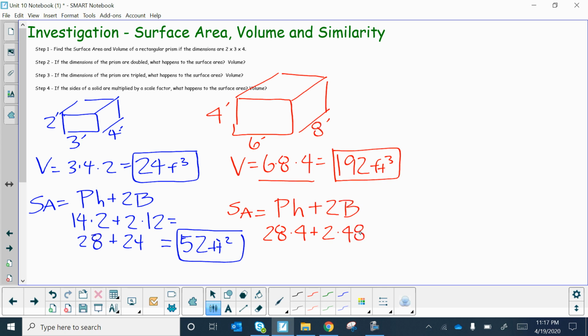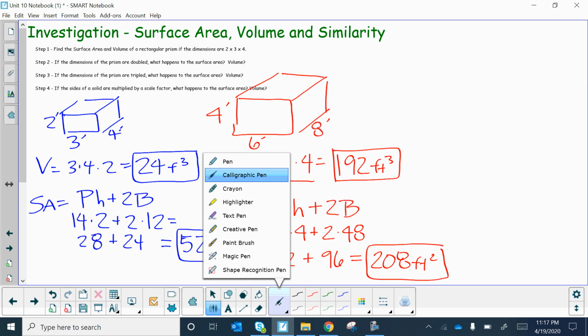So 28 times 4 is 112 plus 96. So 96 plus 112 is 208. And this is square feet. And that clearly did not get doubled because 52 doubled is 104. But 208 is related to that.